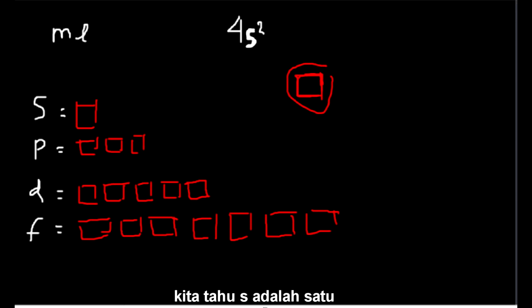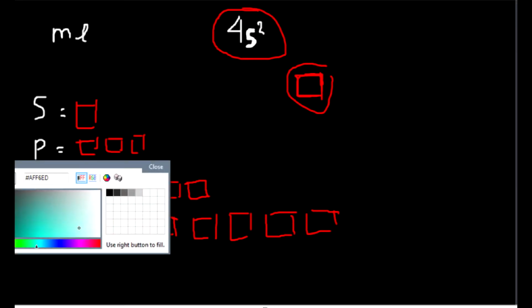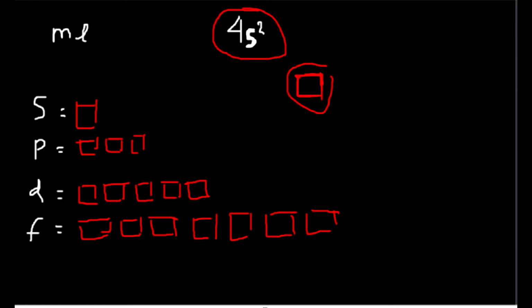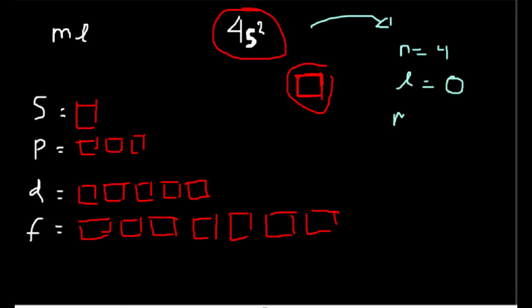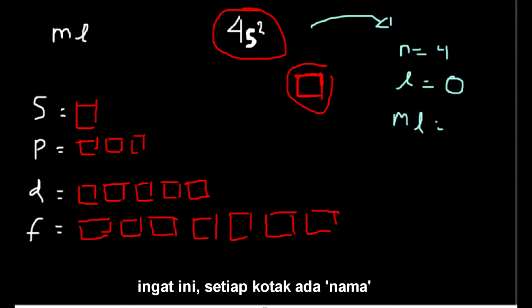So we know that S is 1, so let's use this as an example. Let's use 4s2, so let's not waste time. For 4s2, we have N equals 4, L equals 0, since it's S. ML would be, remember this, you should really know that these boxes have numbers in them.